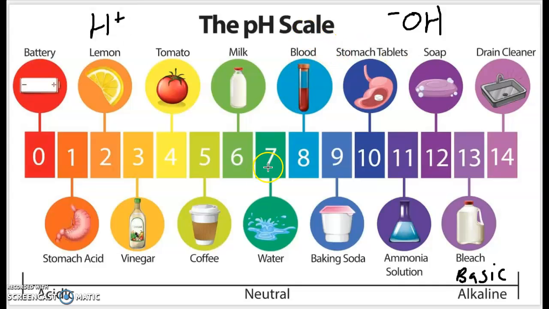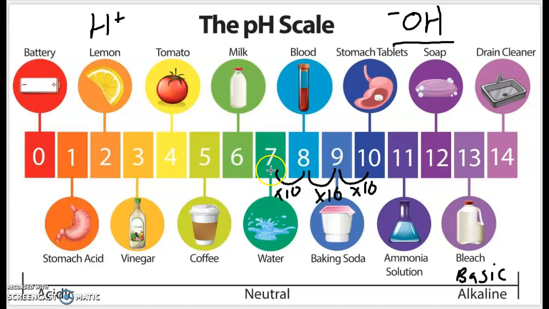So going from a pH of 7 to 8, you've added 10 times the amount of base ions. Going from a pH of 8 to 9, every single pH unit you move, you multiply the number of base ions by 10. So that goes for all of them. So you just keep adding more and more hydroxide ions the further basic you get.